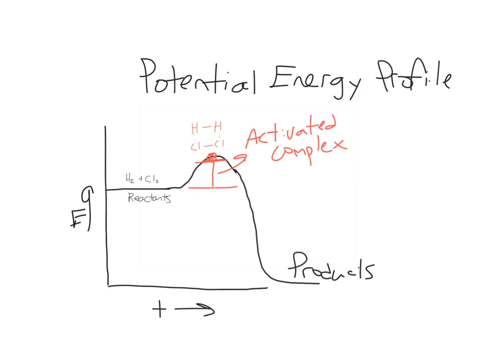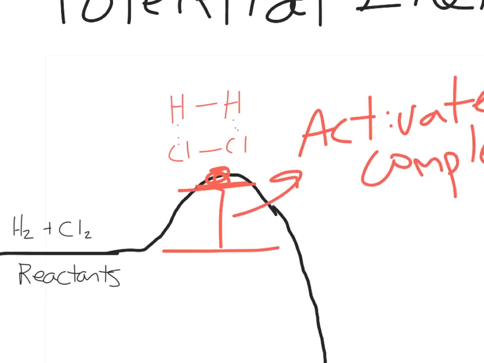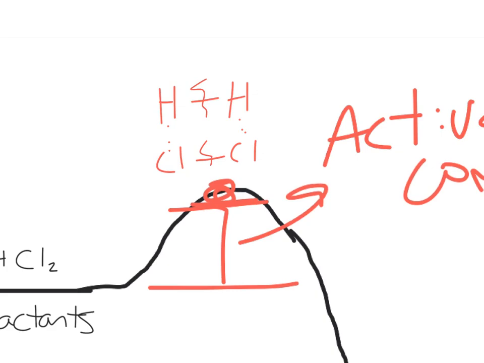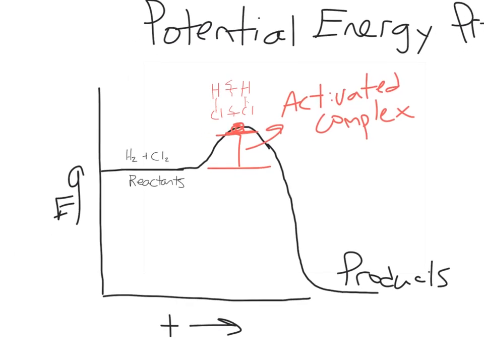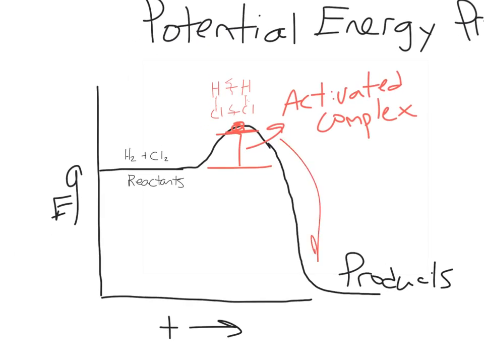Once that's formed, the bonds of H and Cl snap and are formed fully, and the reaction proceeds down the hill to the products, 2 molecules of HCl.